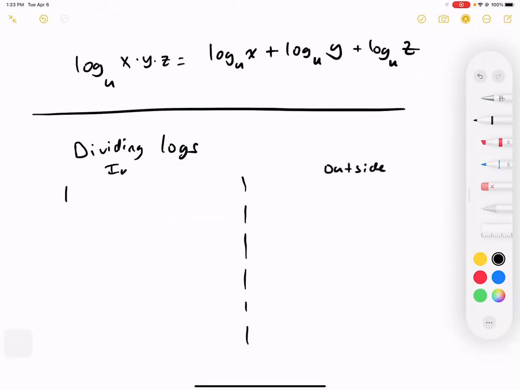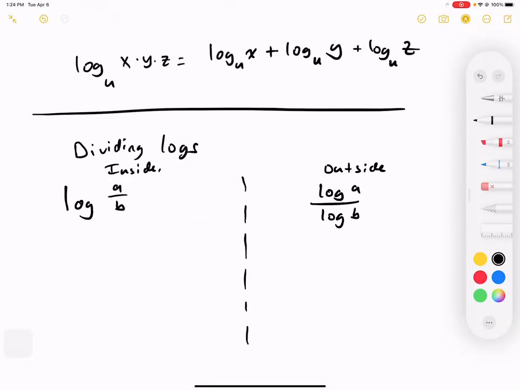If I have log of a divided by b, see how the division happens on the inside? Versus log of a divided by log of b. Hopefully these look different to you.